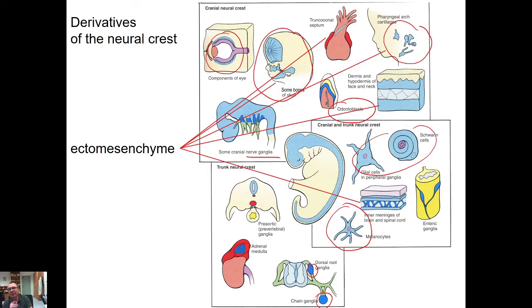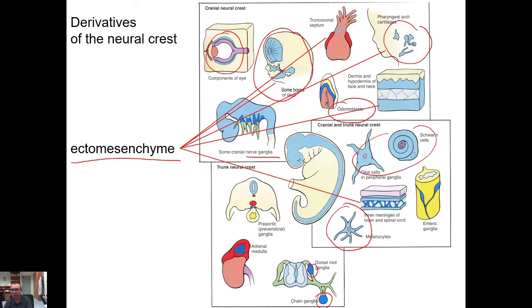So many structures are developing from neural crest of the head, and those which are developing through the mesenchyme are developing from so-called ectomesenchyme. It is a term which is used for the mesenchyme of ectodermal origin. Ectodermal origin of mesenchyme is only through the neural crest.